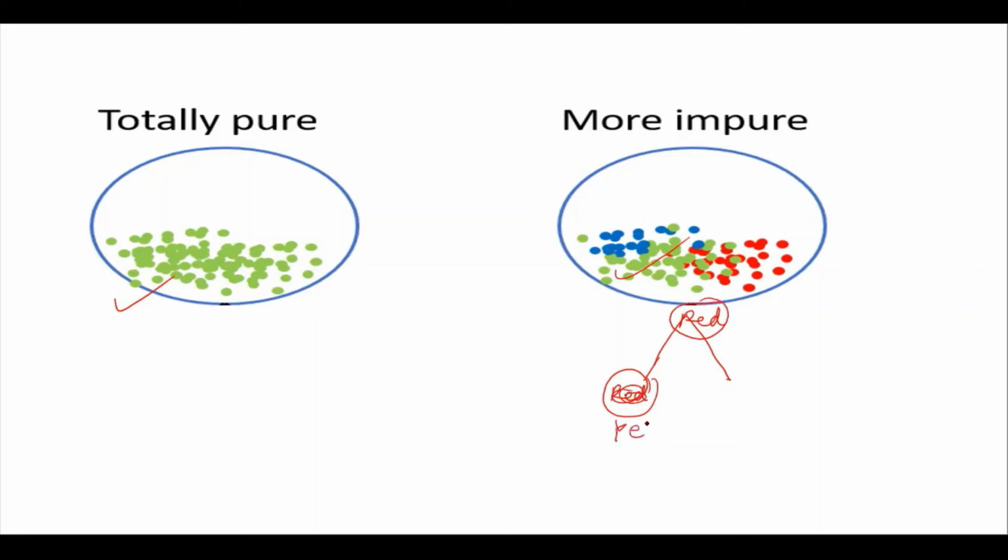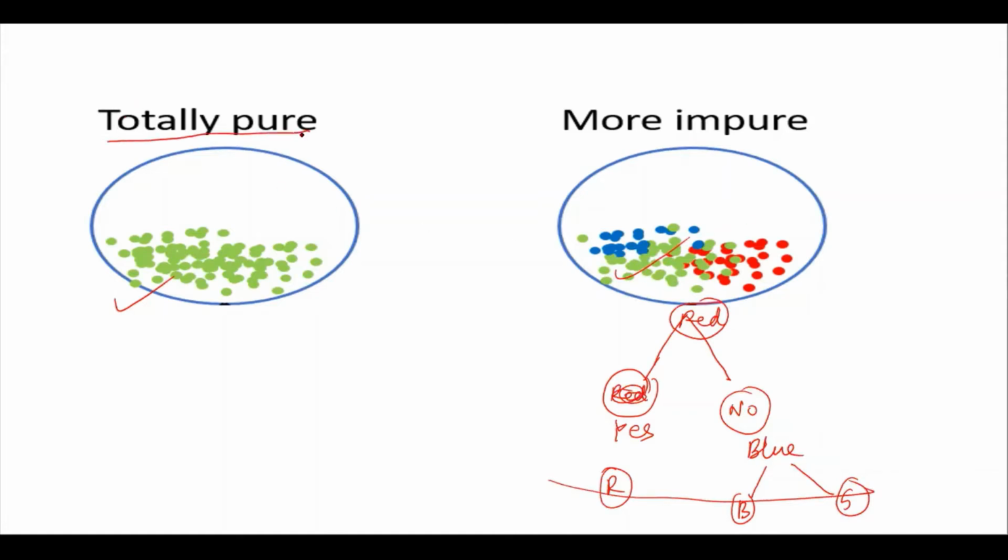If yes, then this is red. If no, you have to ask another question, is it blue? If yes comes, then it will be blue. If no comes, then it will be green. This way we can divide.